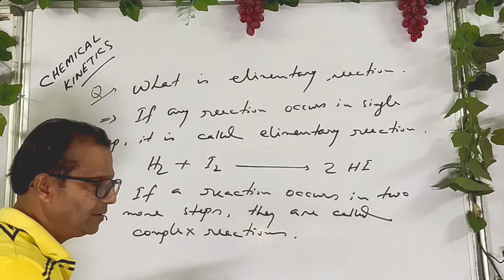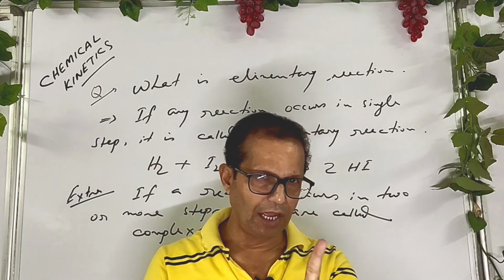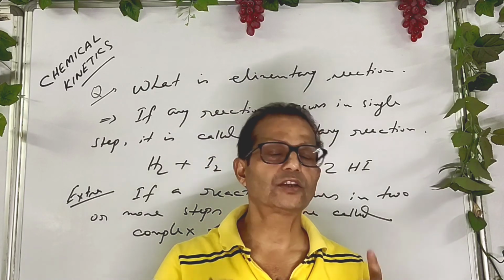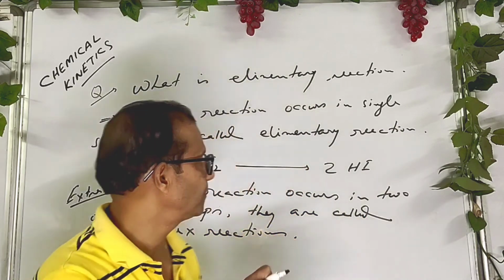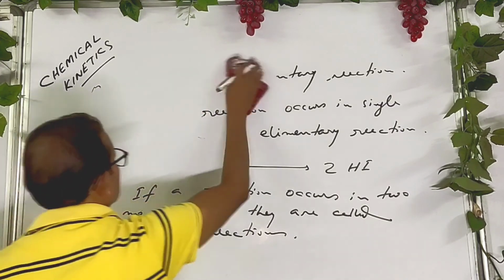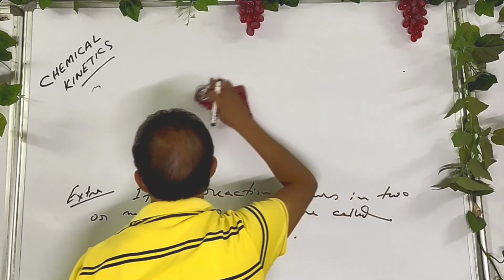And remember it, during a complex reaction, one step is the slowest step. That slowest step is called the rate determining step. So remember it, in a complex reaction, the slowest step is called the rate determining step.